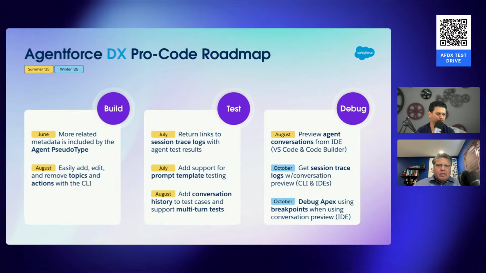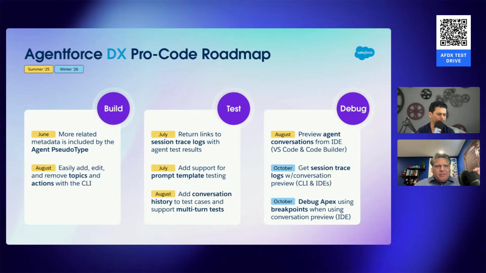Starting in Summer '25, which sandbox orgs are already on, if you do a retrieve with that agent pseudotype, it will not only pull the agent, which means the bot and the bot version, it will pull the GenAI planner. It will pull the GenAI plugins, which are the topics. It'll pull the GenAI functions, which are the actions, but then it'll go a level deeper.